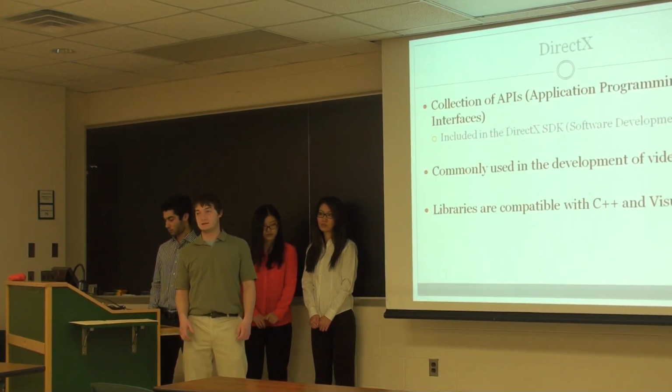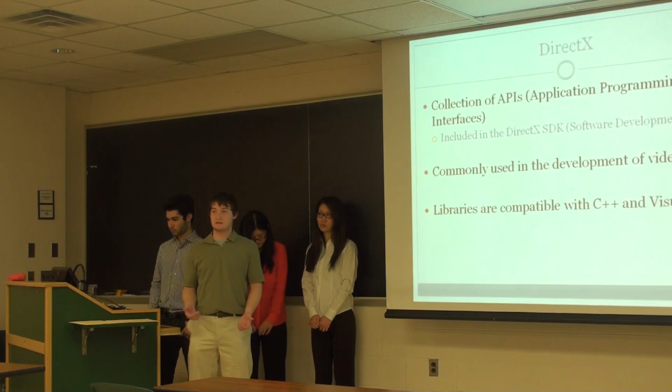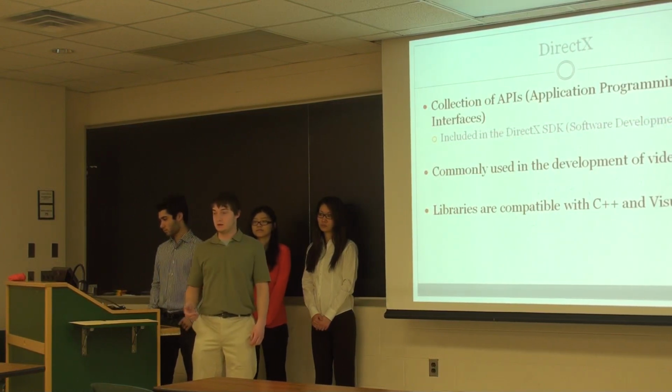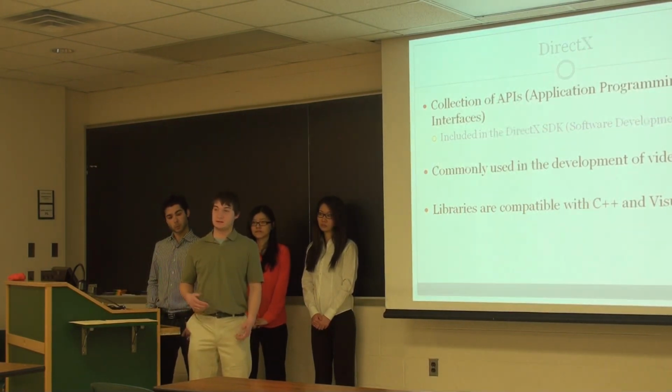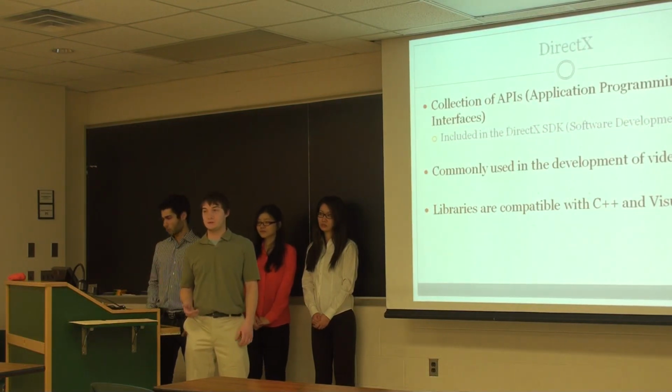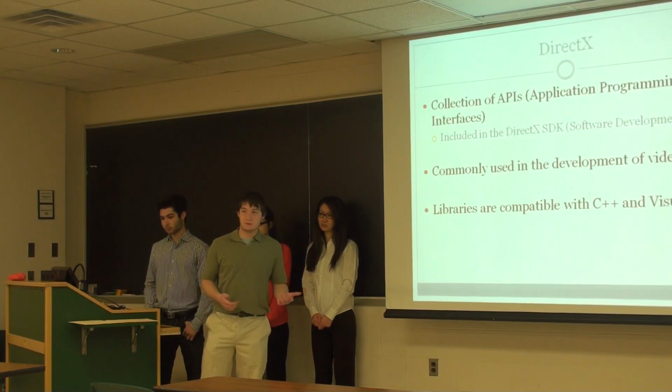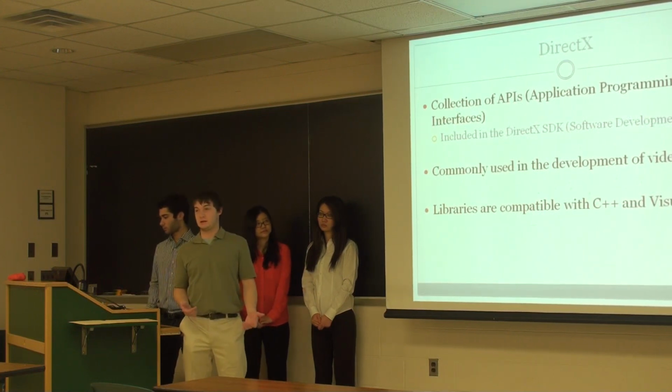What an API is, it's a library of classes, data structures, and routines. These libraries can be used as headers in high-level programs in order to bypass the need for any low-level programming to interact with hardware directly. An example of one of these APIs is called Direct3D.